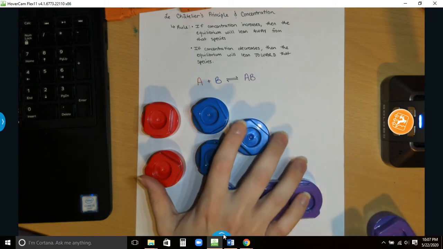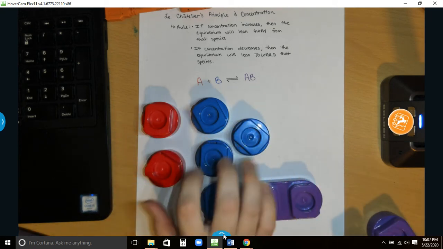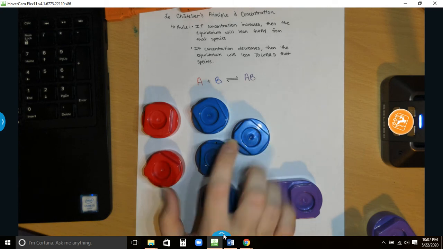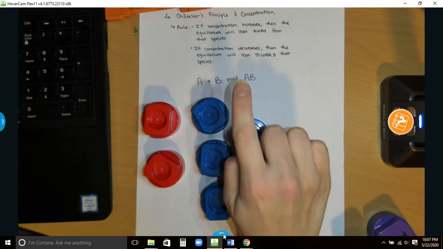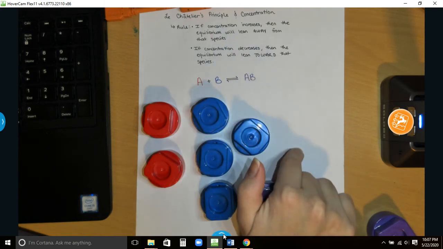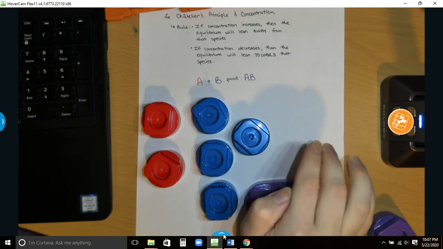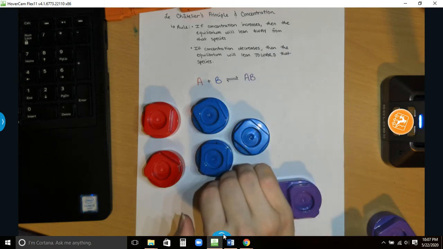And when that happens, notice that I really increase my concentration of B. So the rule says that if the concentration decreases, then the equilibrium will lean towards that chemical species.